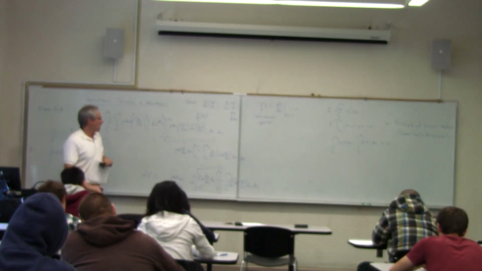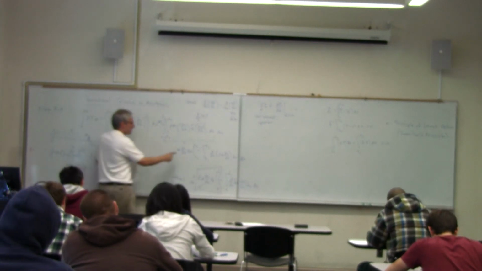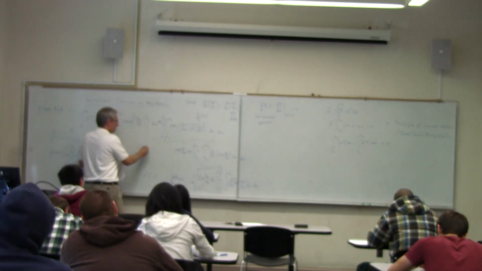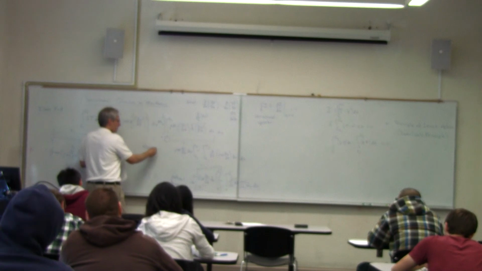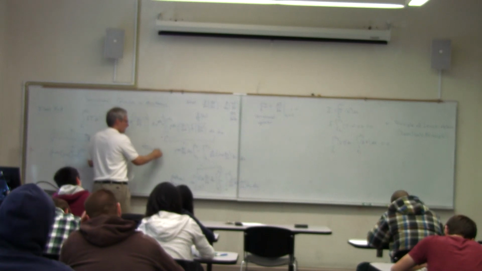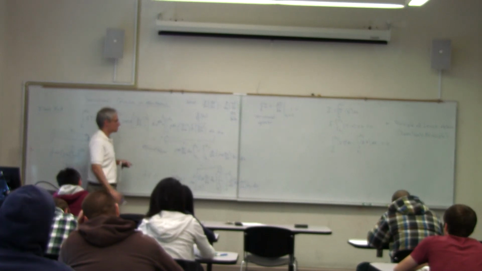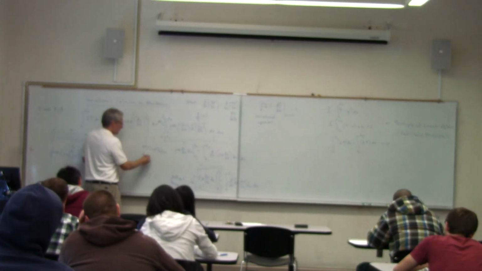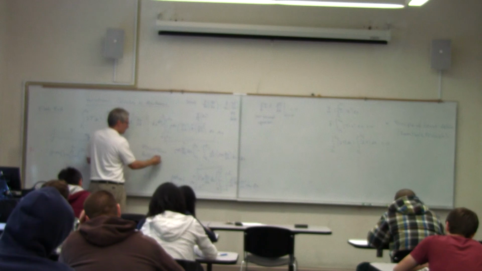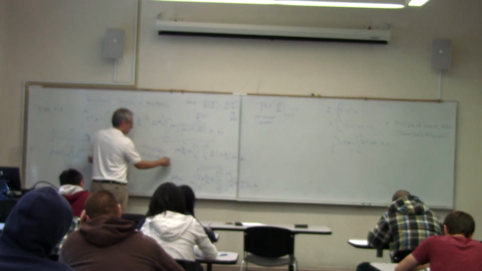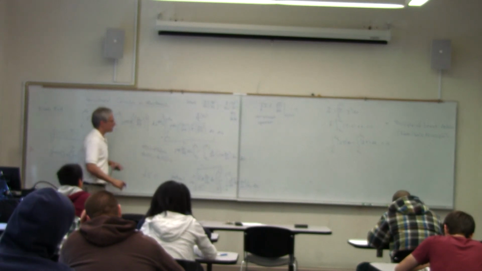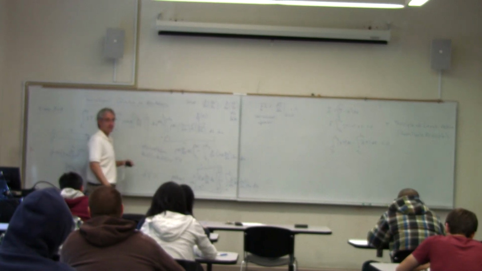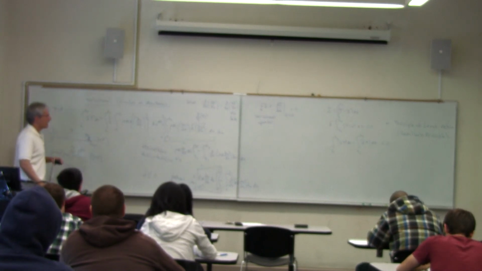Okay? Now, the thing about this is that this delta u is the same as the epsilon that we had before. Epsilon t1 equals epsilon t2 is equal to 0. So in other words, delta u at t1 is equal to delta u at t2 is equal to 0. And so this term becomes 0. Okay.